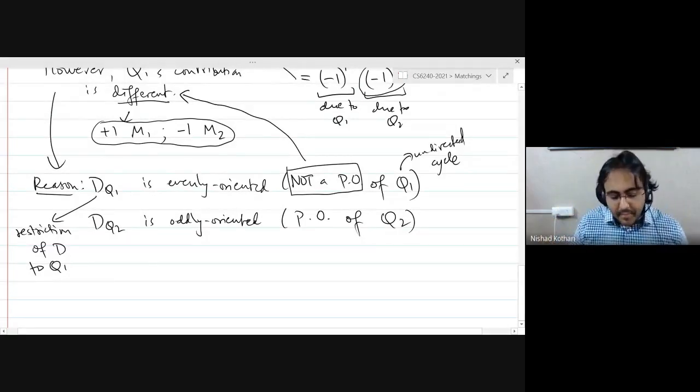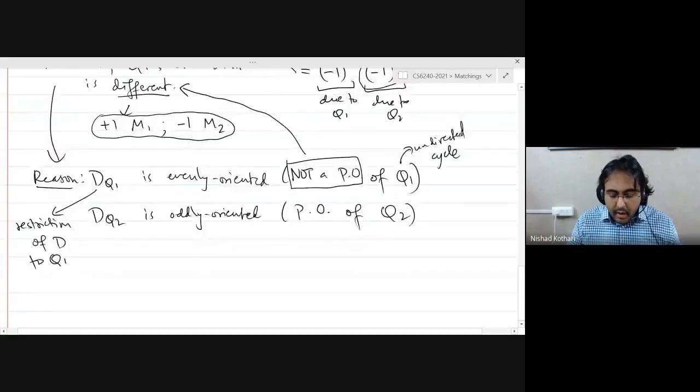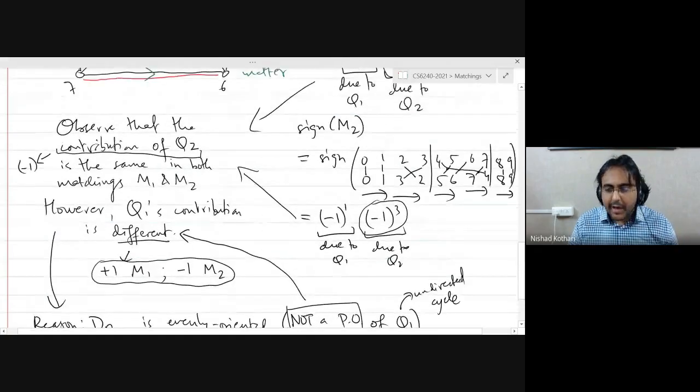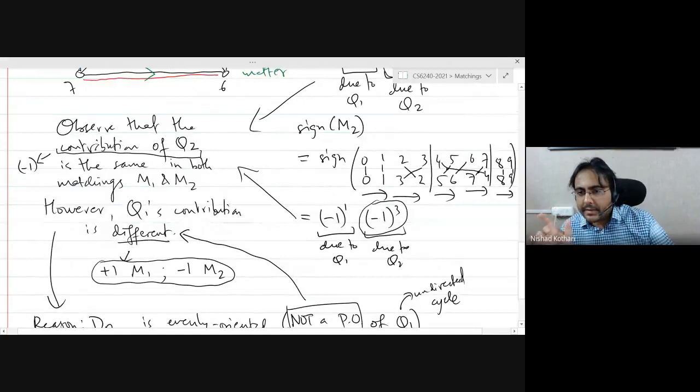Okay, so whenever you have an evenly oriented cycle, it is going to flip the signs of the two perfect matchings. That's basically the point I'm trying to make here. It is the evenly oriented M1, M2 alternating cycles that are contributing to switching the signs of the two perfect matchings.